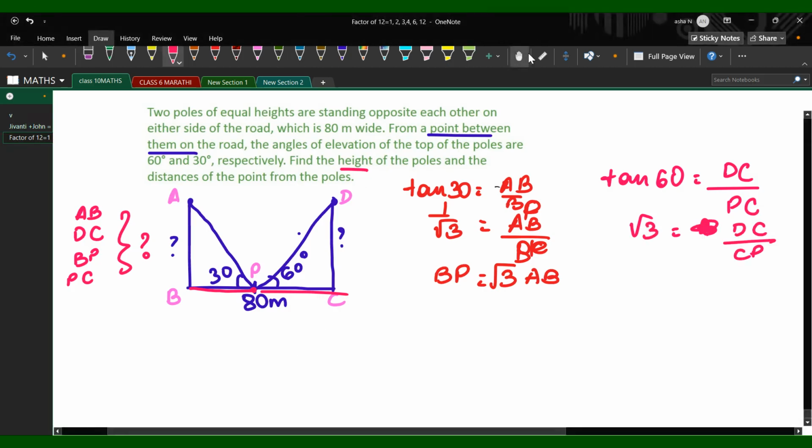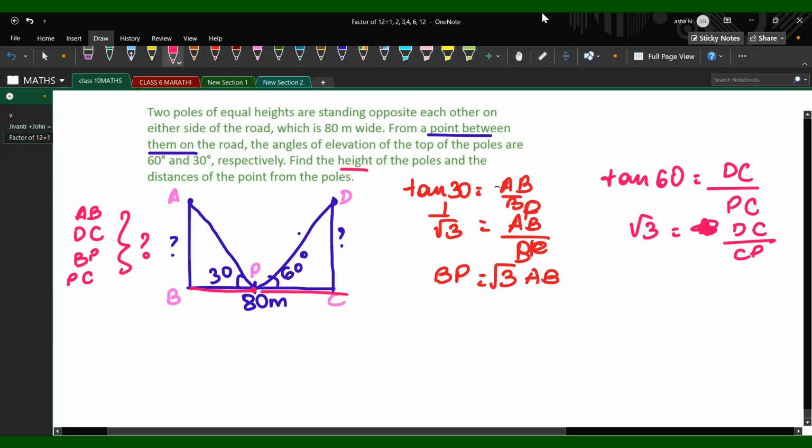What can we take instead of DC? That we are coming to now. Okay, here we got BP as root 3 AB.